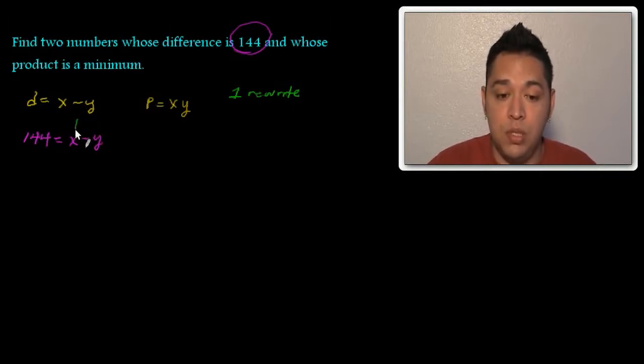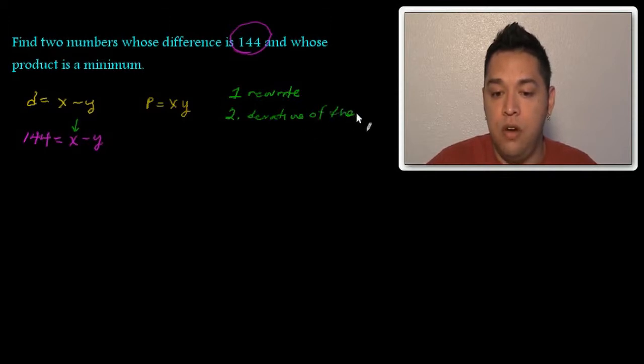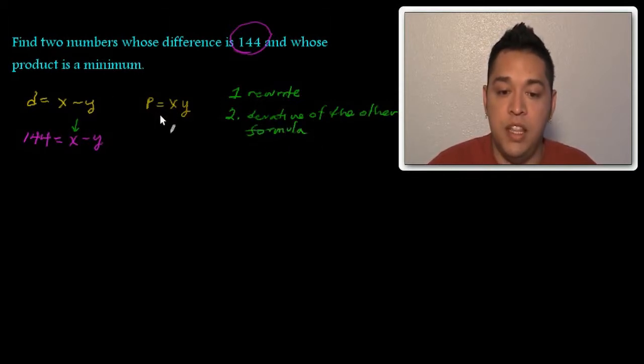I'm just going to choose to rewrite it, basically solve for x. And the second thing it tells you is that you're going to take the derivative of the other formula. I'm going to take the derivative of that until I plug something back in, and this is just in terms of a single variable.